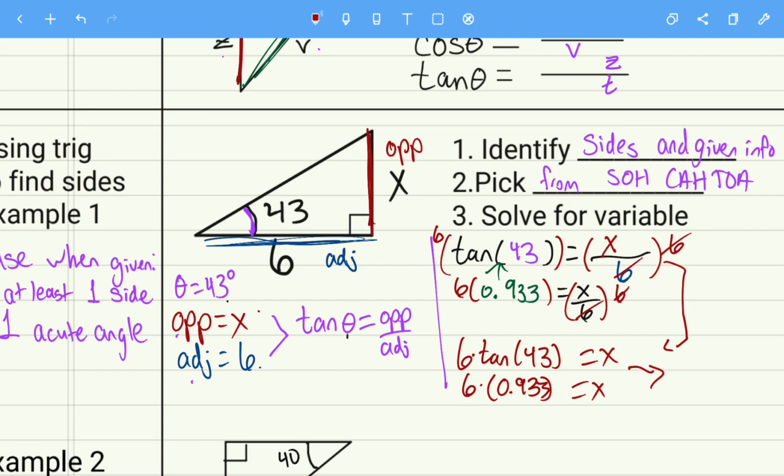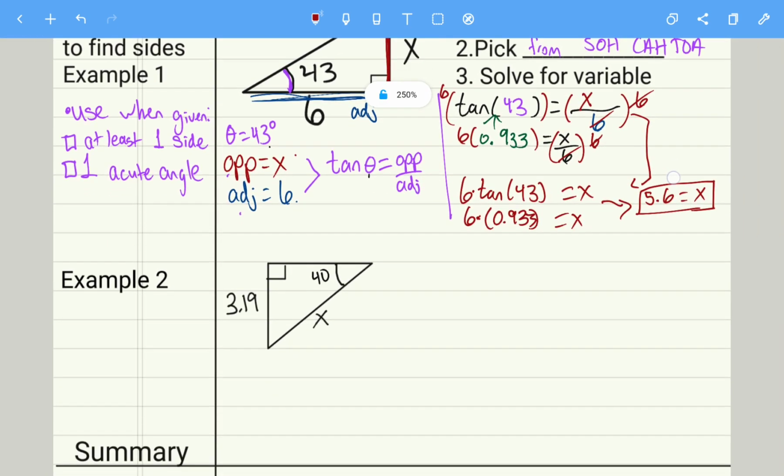And then you just multiply this in your calculator, which gives you x equals 5.6. So x equals 5.6. No matter which way you did that, if you did the tangent 43 first or at the end, either works. But that is your final answer.